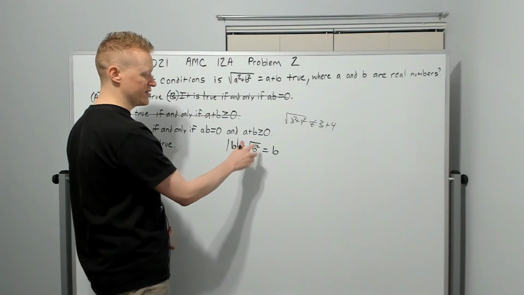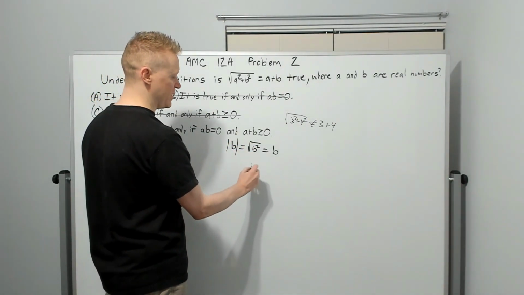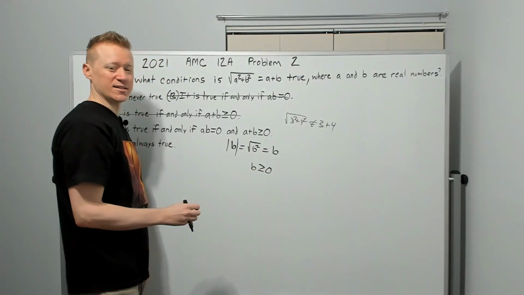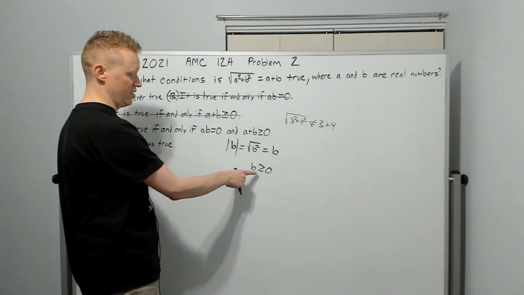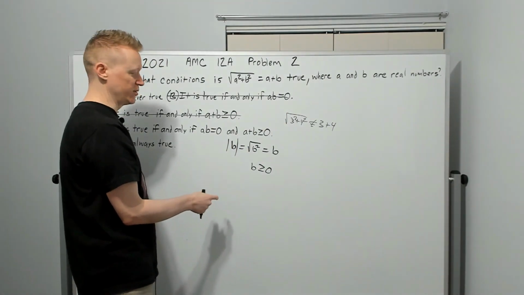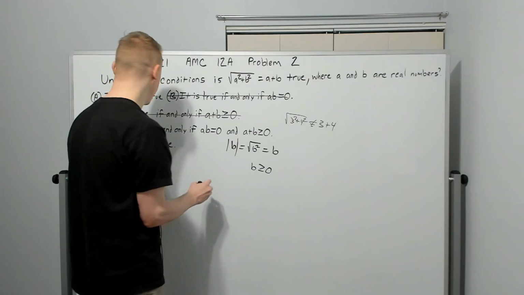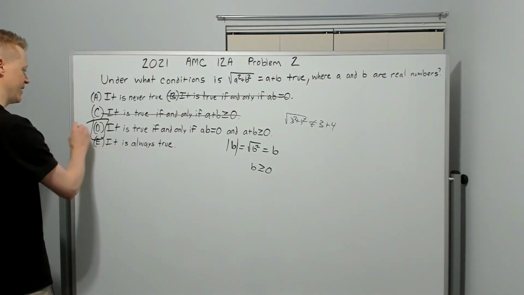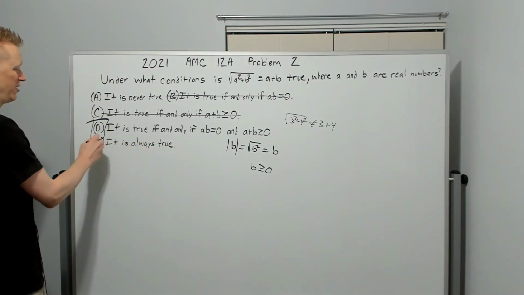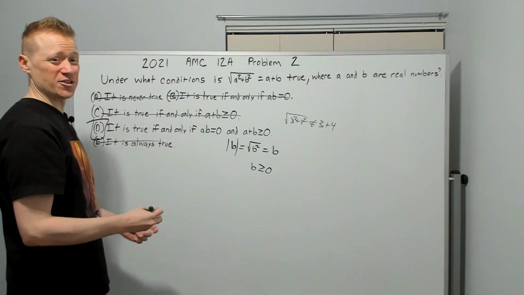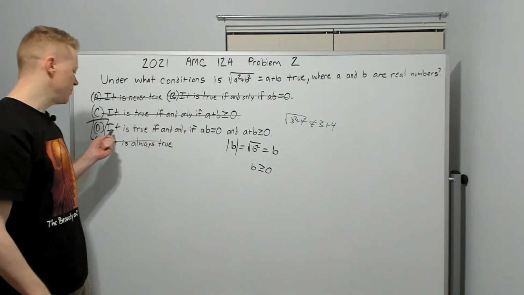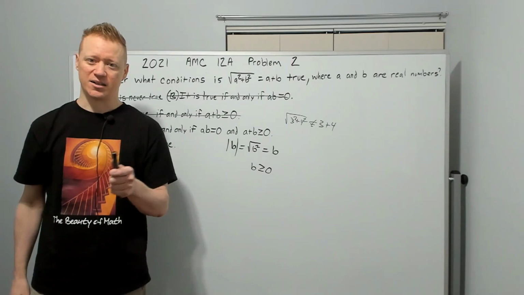If one of them is 0, like a, that would mean b is greater than or equal to 0. So as long as b is greater than or equal to 0, we don't have to worry about the absolute value, and it would be equal. That's why the answer is D. It's definitely not always true, and it's not never true either. So this is the best answer. On to problem 3.